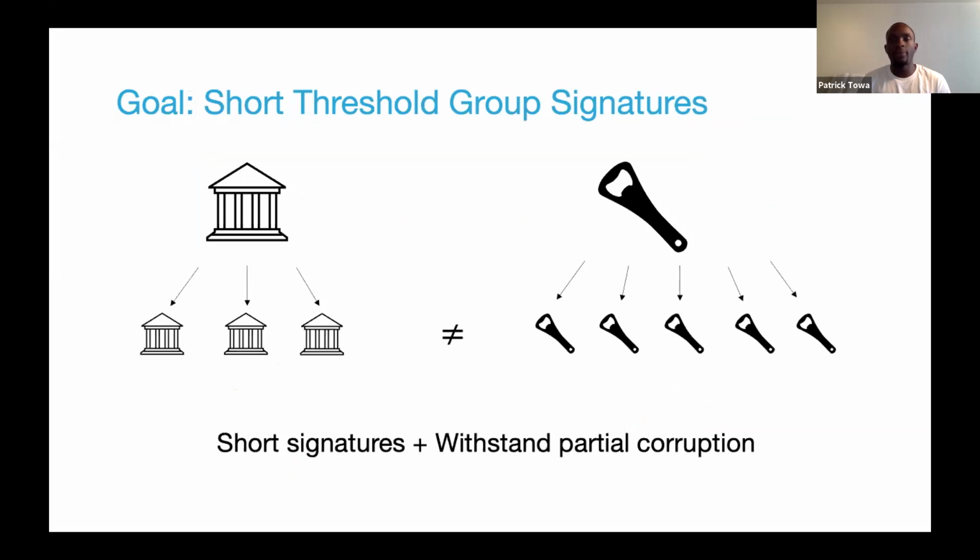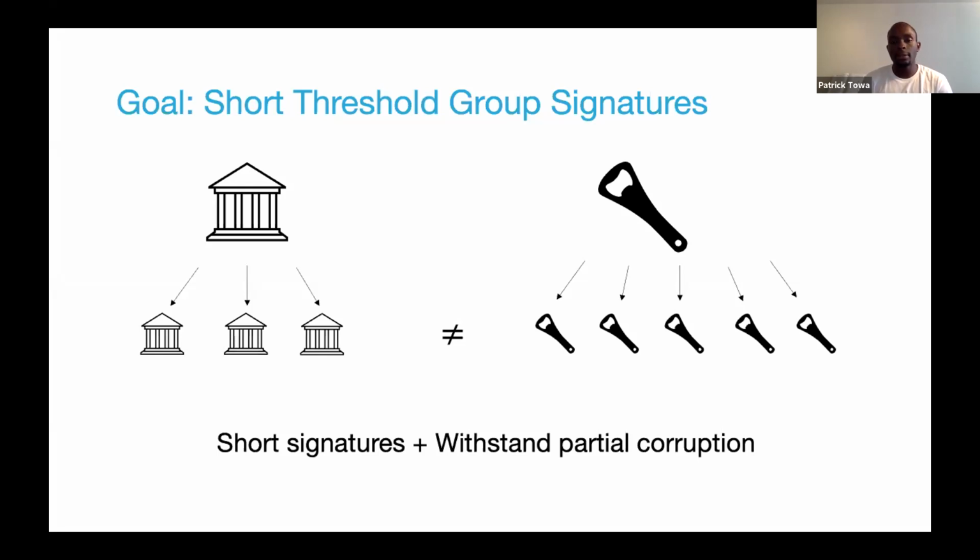So to reduce even further the trust assumptions, we want both issuance and opening to be threshold, so that the scheme remains secure as long as a certain number of authorities are corrupt, but not all. But it's not the only goal.